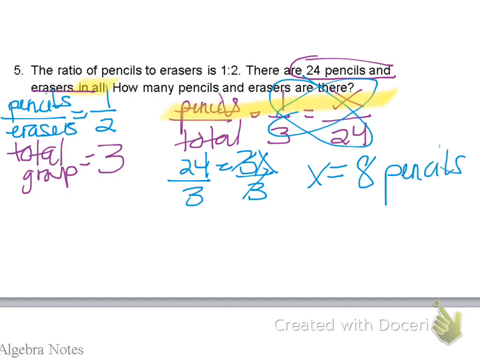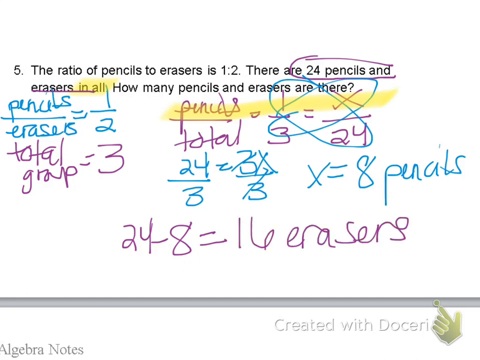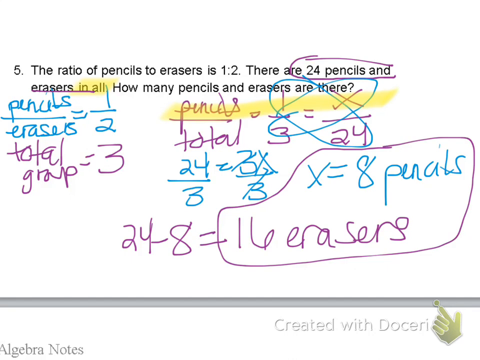And to figure out how many erasers there would be, we would just do 24 minus 8. And there would be 16 erasers. So 16 plus 8 is 24 to check our work. And also going back to our original equation here, we could fill in 8 over 16 and make sure it fits with the original ratio of 1/2, which it does.